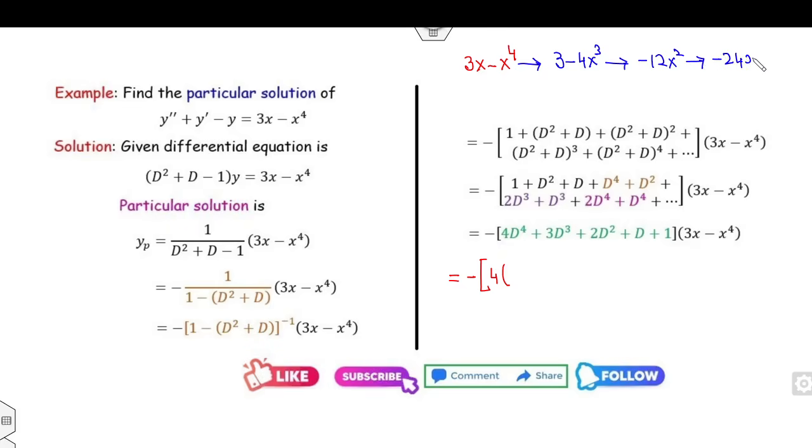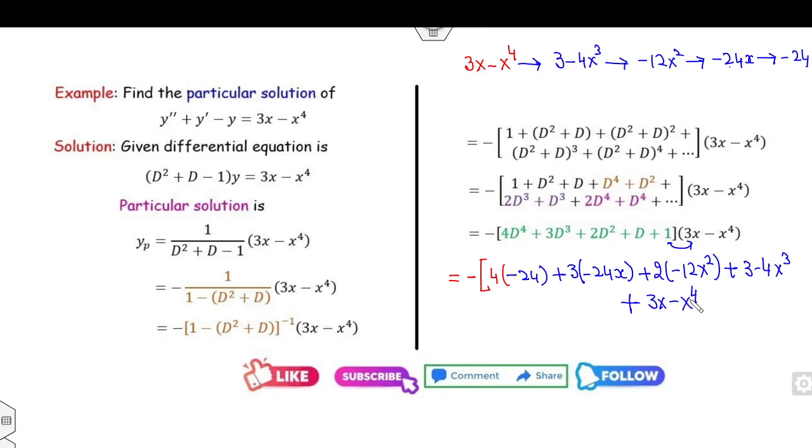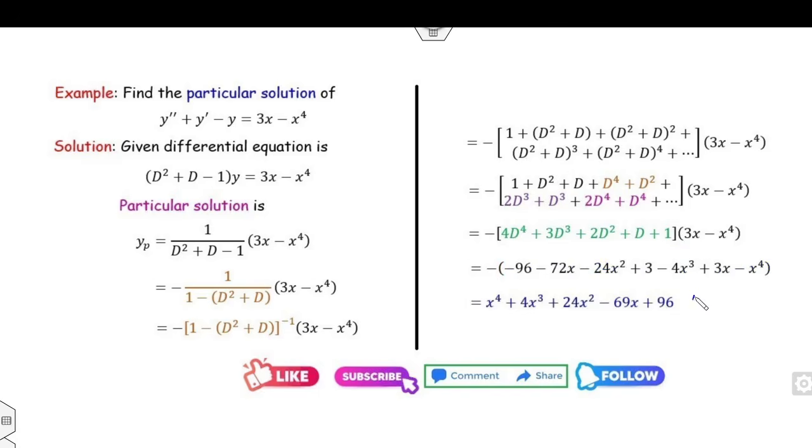Fourth 24 and then minus 24. So this number is minus 24 plus the third derivative is minus 24x plus second derivative is minus 12x square. First derivative is 3 minus 4x cube and plus 1 you can multiply them, 3x minus x4. Fine. Now you can open all these brackets. You will get the right answer as this one.